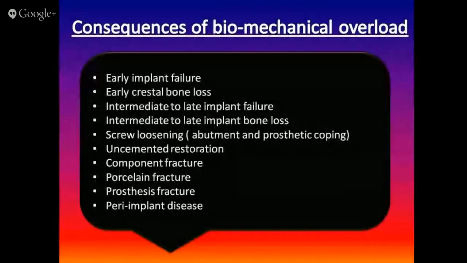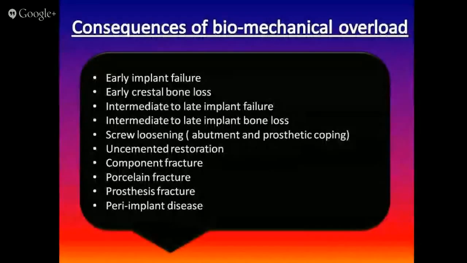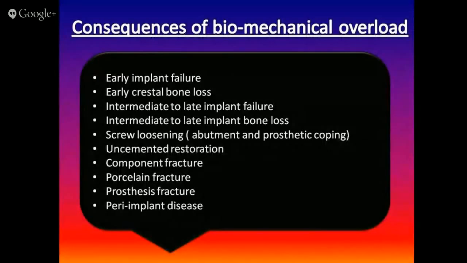We've been talking about making sure that there is no overload that occurs. But what happens if I tend to ignore that and consequently there is a biomechanical overload? It can vary from an early implant failure, early crestal bone loss, intermediate to late implant failure, intermediate to late implant bone loss. In any instance, I do not want failures and bone loss.